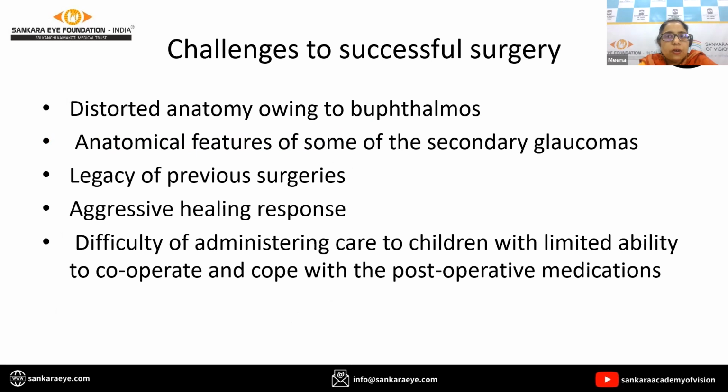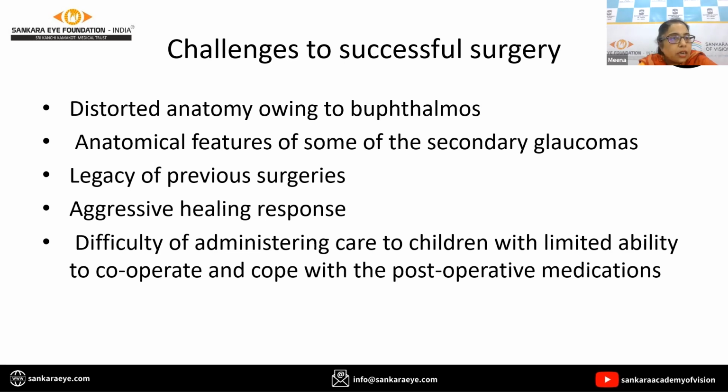As you all know very clearly, medical management is only a supportive therapy. The real management involves surgery. Now, what are the challenges to doing a successful surgery? You have a large eye, a buphthalmic eye, wherein there is a distorted anatomy. Some of the secondary glaucomas, like Axenfeld, or those associated with inflammatory glaucoma, can again change the anatomical features.